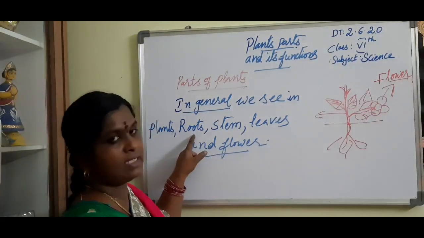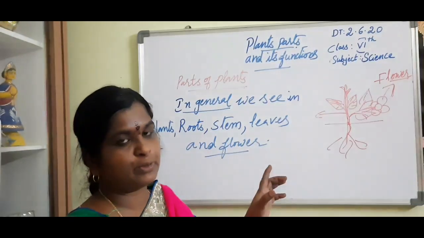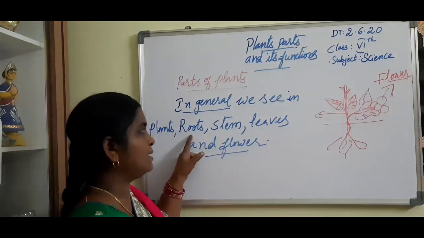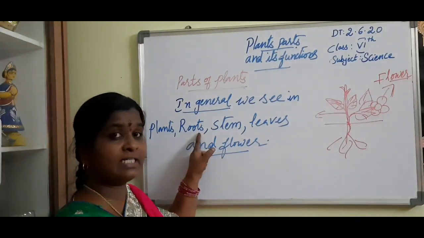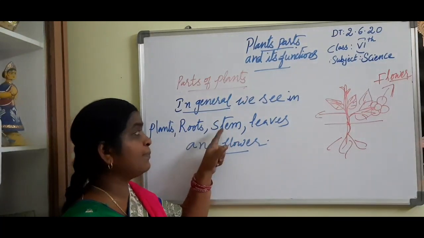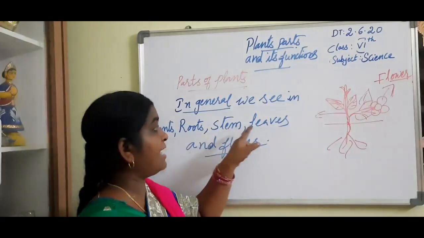Each part and its function we have discussed clearly in part 1, part 2 and part 3. About the roots, we discussed their importance and the types of roots. About the stem, we discussed its importance and the modified stems.